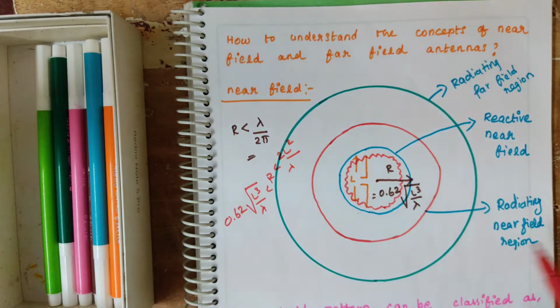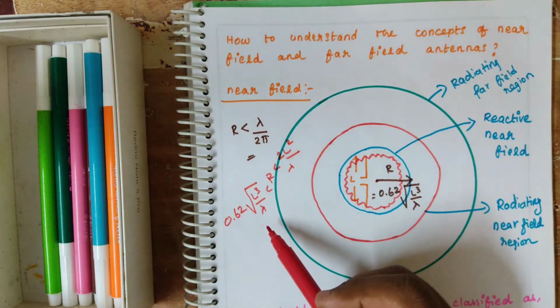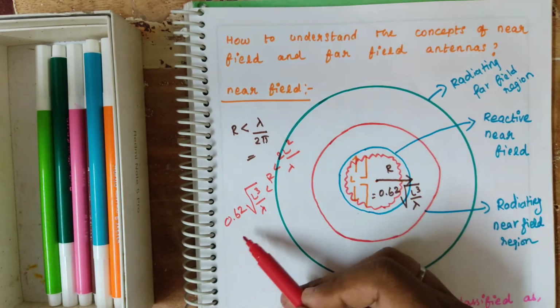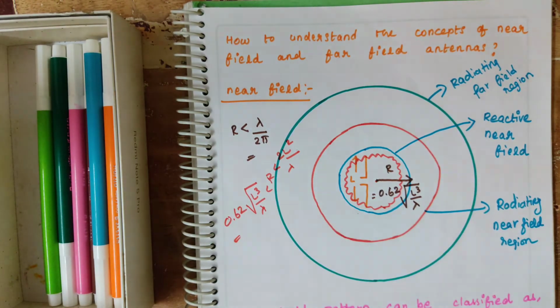This is the R value for the radiating near field, and this region is also called the transition region.